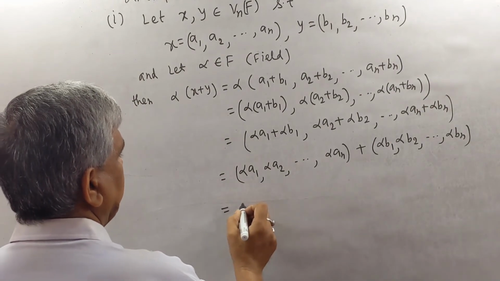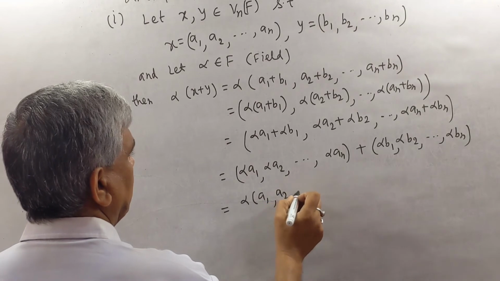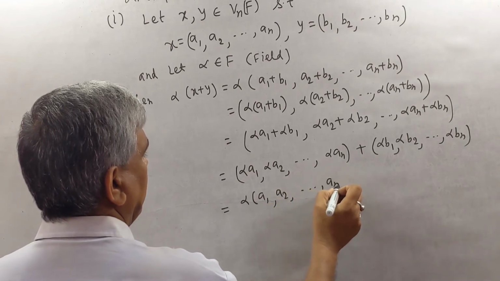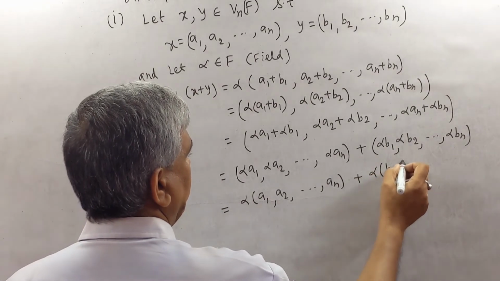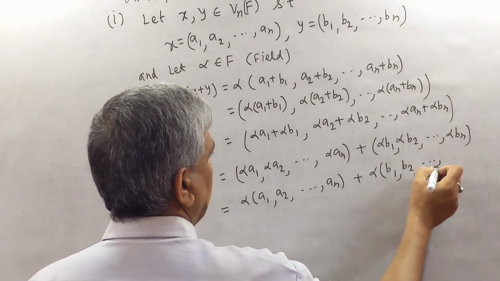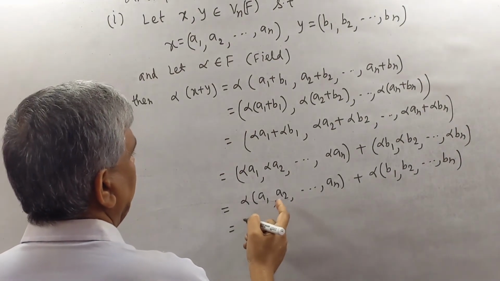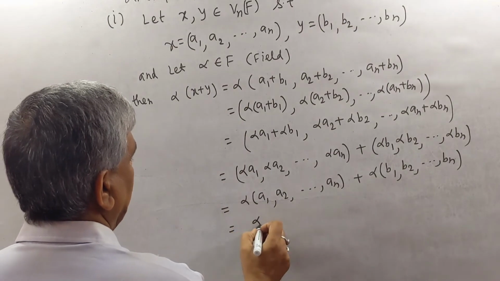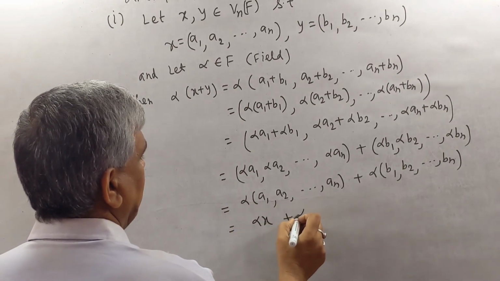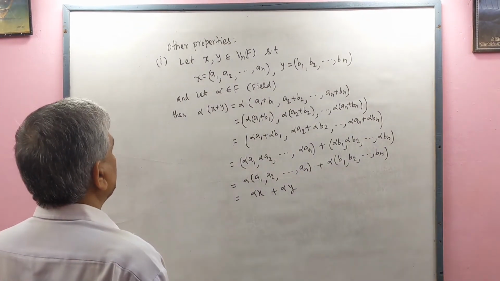This may be written as alpha x plus alpha y. This is the first property.